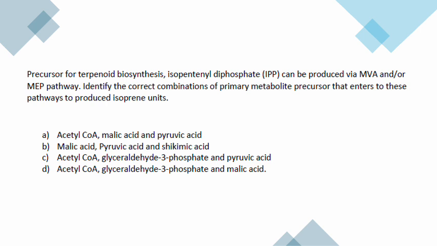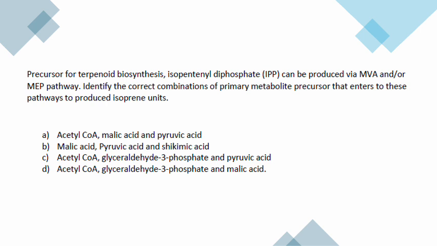Whereas the MEP pathway, can you recall what the full form of MEP is? Any idea? No issues. MEP means methyl erythritol phosphate, which is produced as a part of this pathway, and this happens in the plastid.